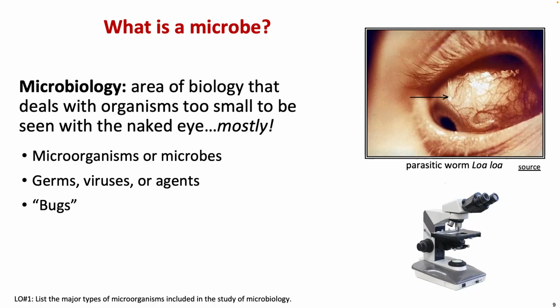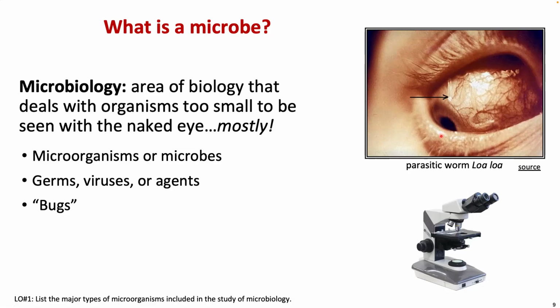One example of things that we can't see with our eyes is this parasite, the Loa loa parasite, basically called the African eye worm by most people. Okay, now a pointer is showing.